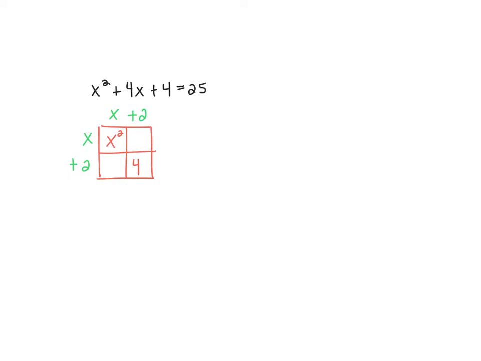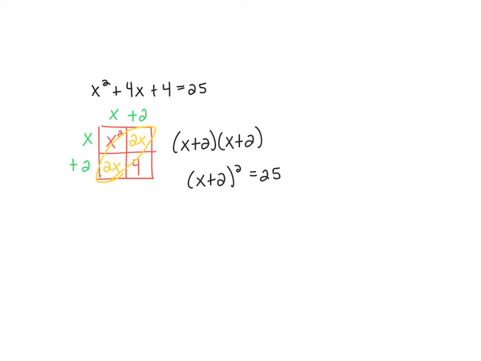All right, so now I fill in these other boxes. 2x and 2x. And on the diagonal there, that gives me my 4x. So my two factors here are x plus 2 and x plus 2, which is the same as x plus 2 squared, still equal to 25.